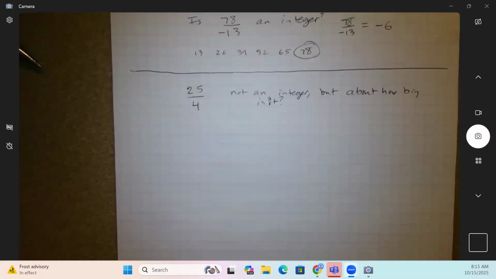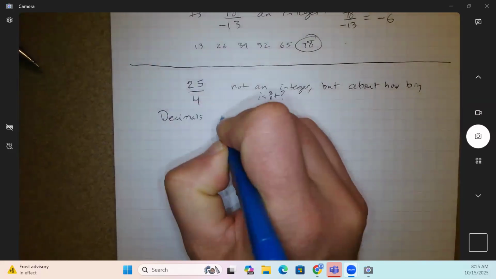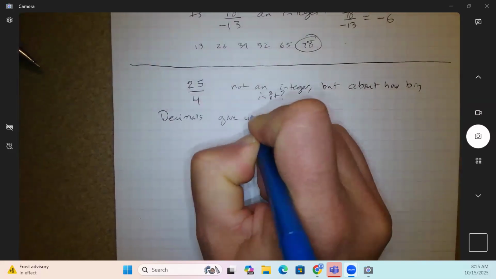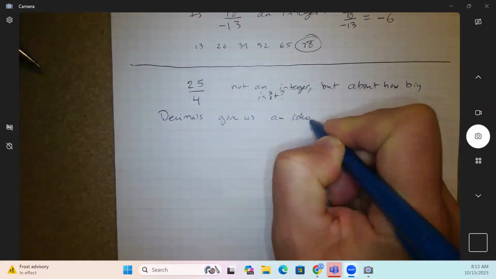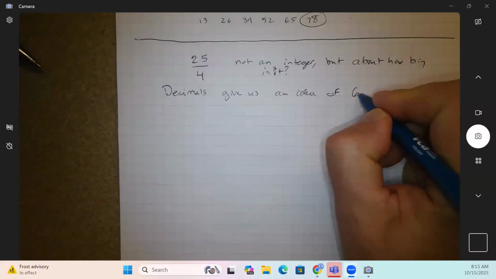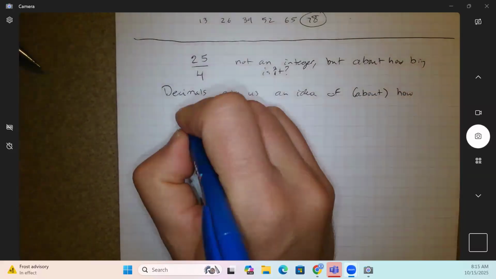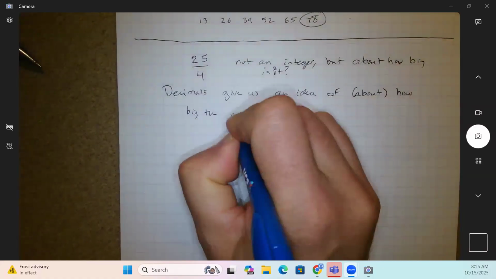So the main reason we work with decimals is that they give us an idea of either exactly how big or about how big the number is.